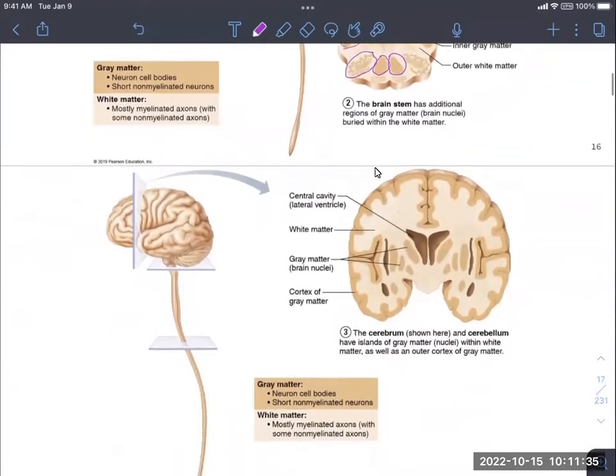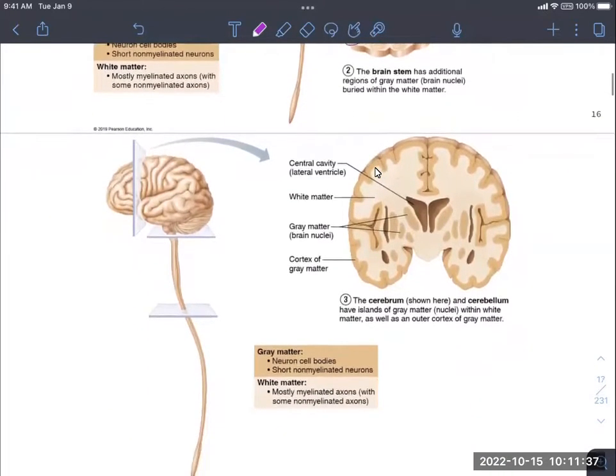And here's our brain. You see the gray matter all around the outside with the white matter kind of in the middle, but then you see other spots of dark matter throughout. Those are some other nuclei in the brain that do specific jobs. You also see cavities or opening areas. Those are ventricles.